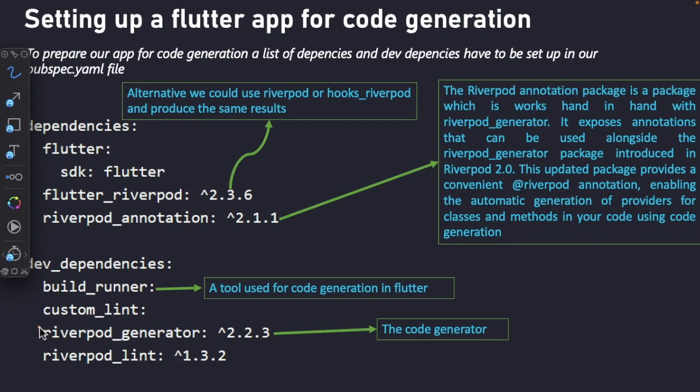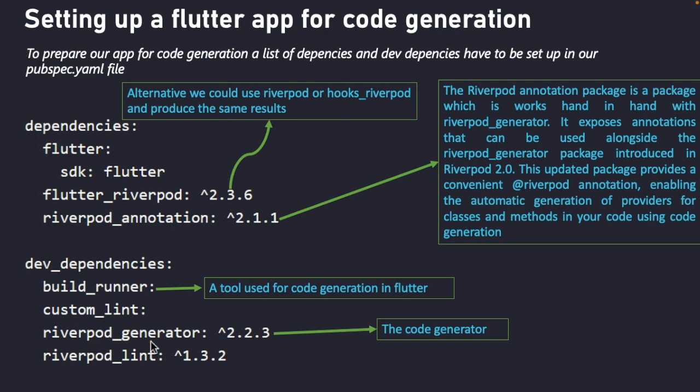And down here, we have Riverpod generator, which is the code generator for Riverpod in our application so that we can go on and generate some providers for us. So we are going to set up 4 packages in our application and go on to use code generation.